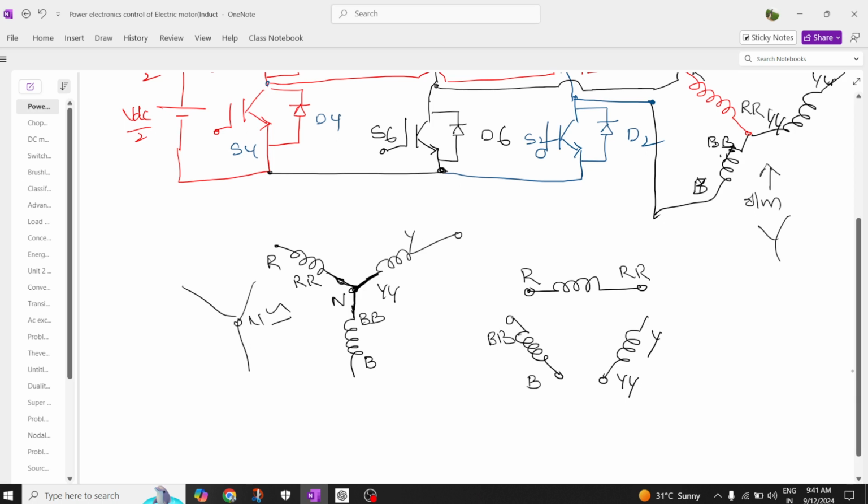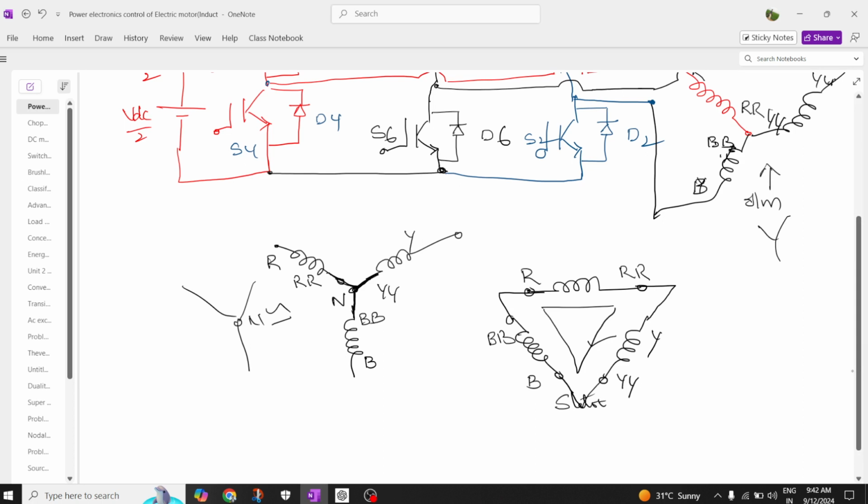Nothing else, I just want to identify the terminals of the motor. So now I'm going to short circuit these two terminals, and these two terminals, and these two terminals. Then what is it going to construct? This is similar to a delta. So this is how to connect the winding, I mean the stator of a three-phase induction motor, in the form of a delta.